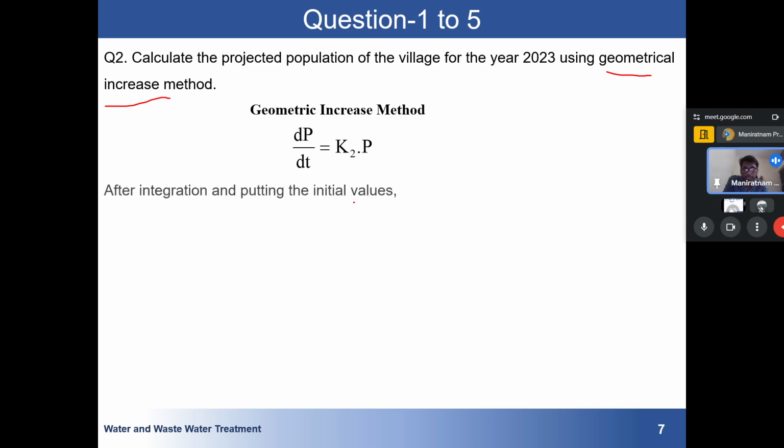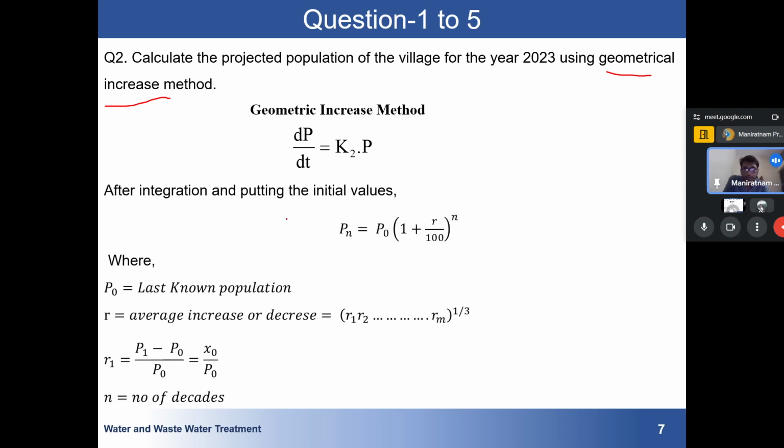If we integrate, put in the initial condition and do some mathematical manipulation, then you will get this value: the population after some decades is P naught, the last known population, times 1 plus r divided by 100, to the power n.